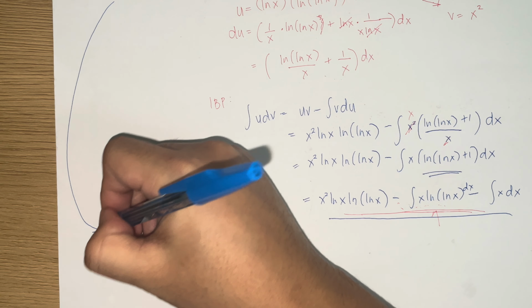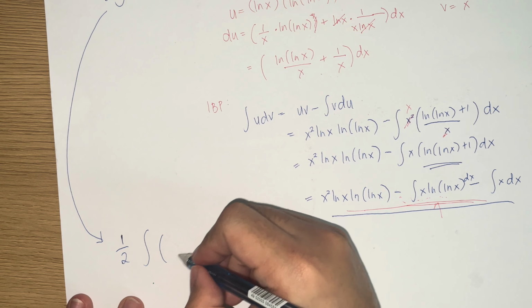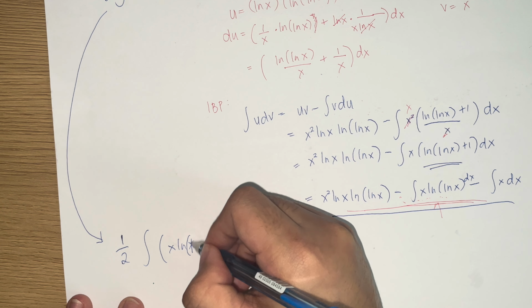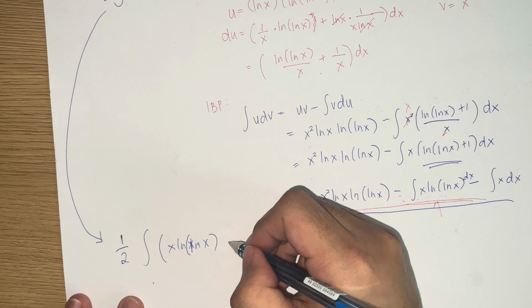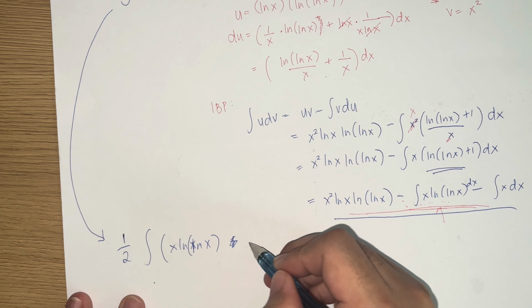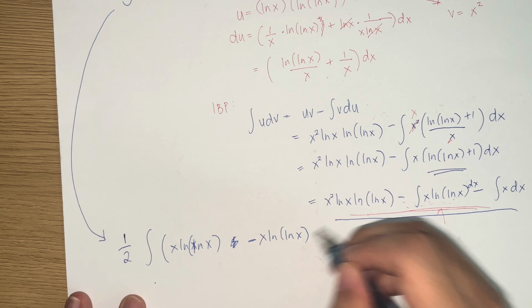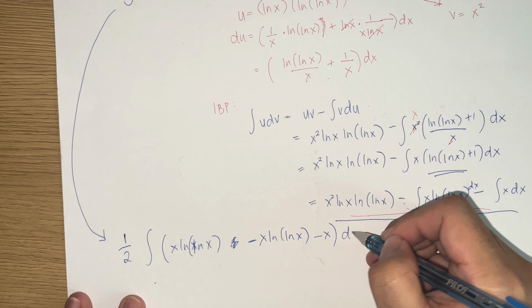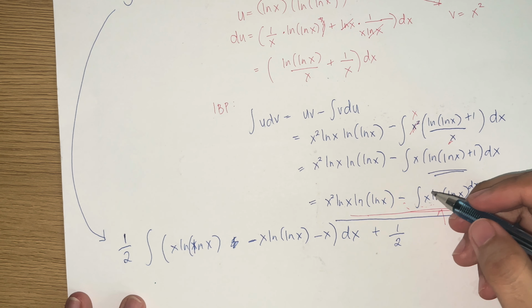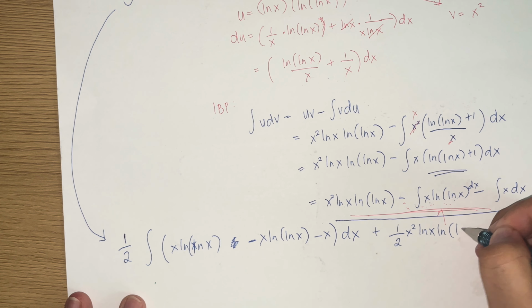So this thing right here becomes 1/2 of the integral of x ln of ln x, minus this one, x ln of ln x minus x dx. And then we factor this out because that's already out of the integral. So that's 1/2 x squared ln x ln of ln x.